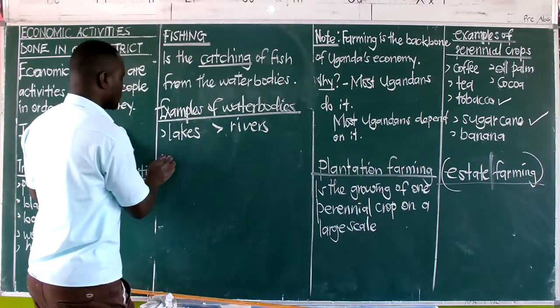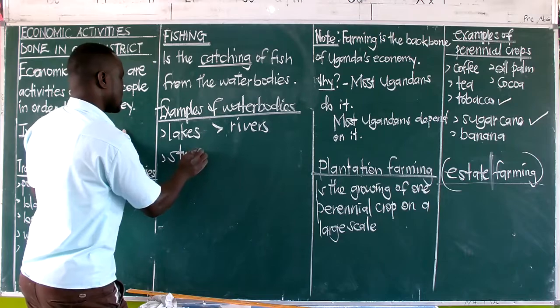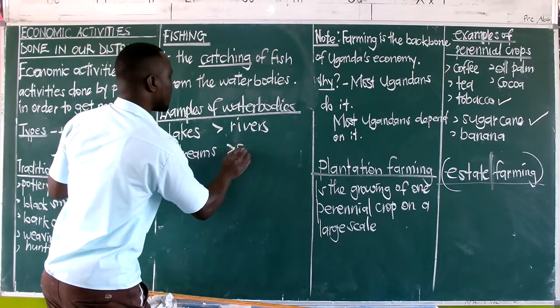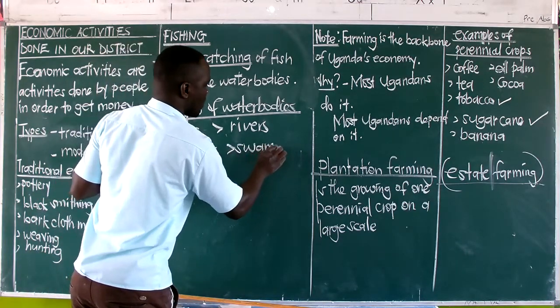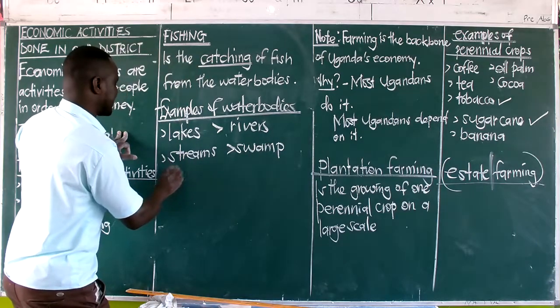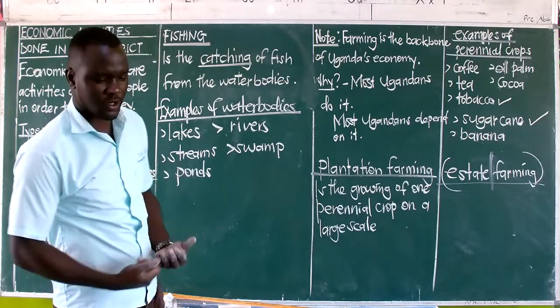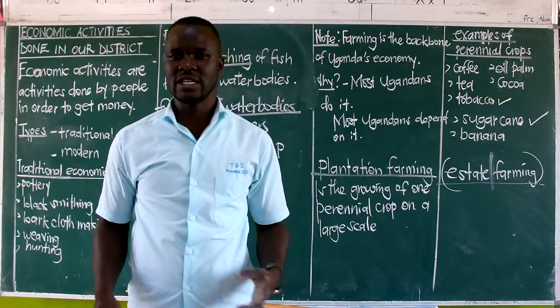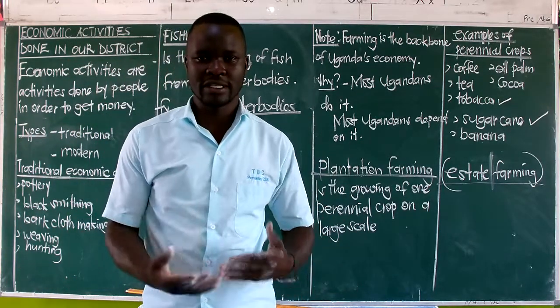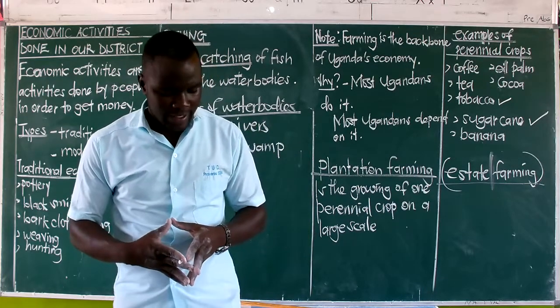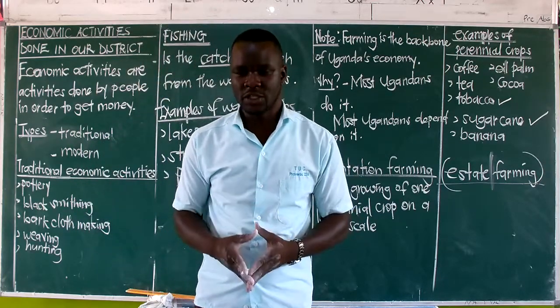We shall have streams. We have swamps. We have ponds. So these are the examples of water bodies that we have in our district that support that fishing. So people go there and they catch the fish.